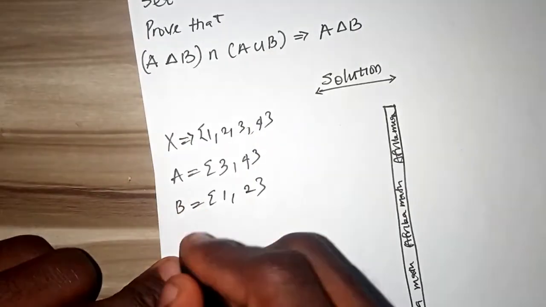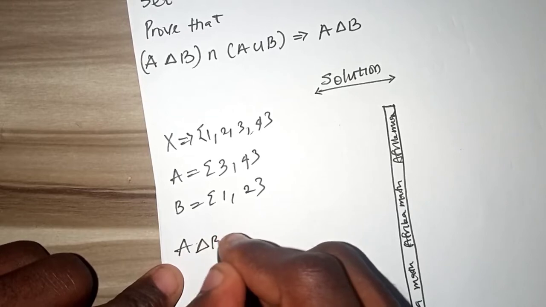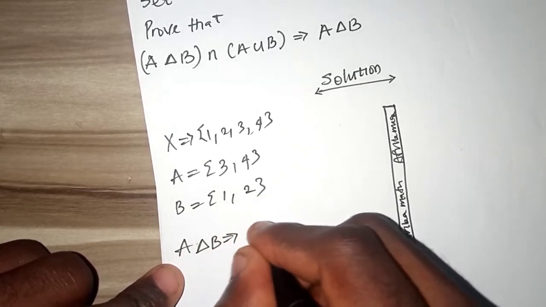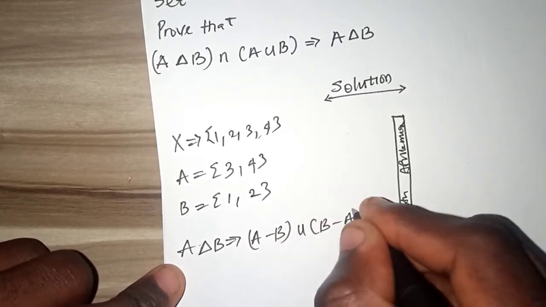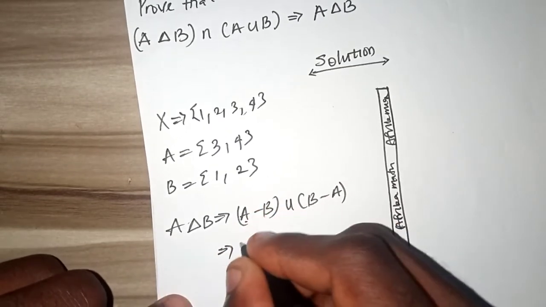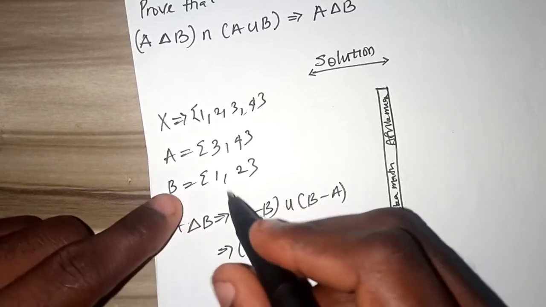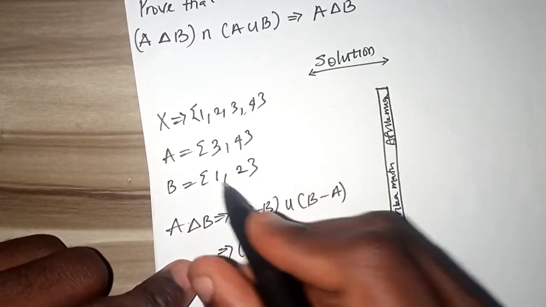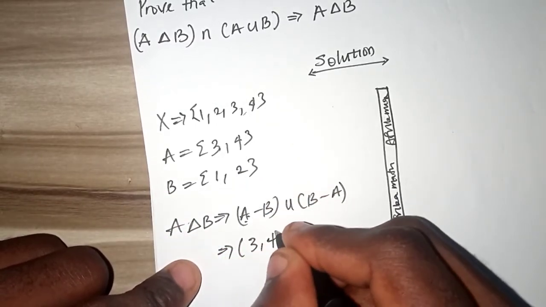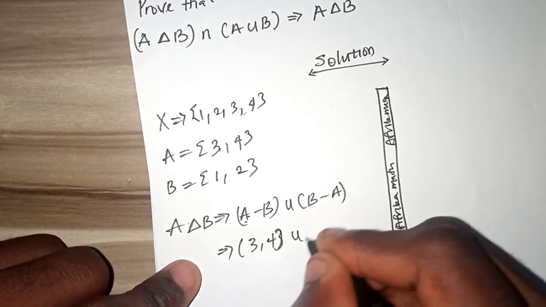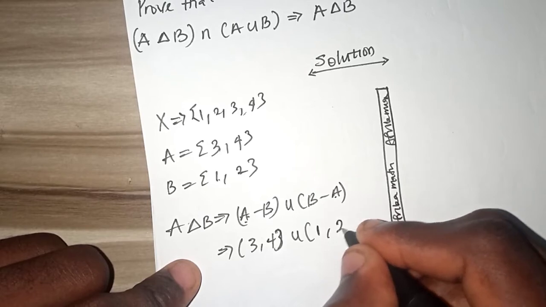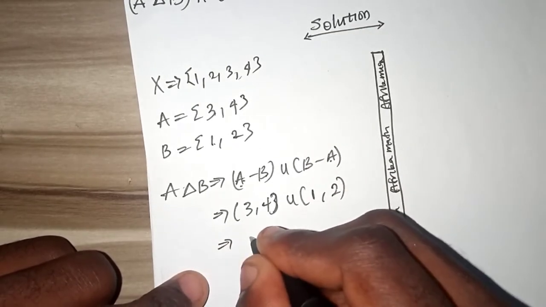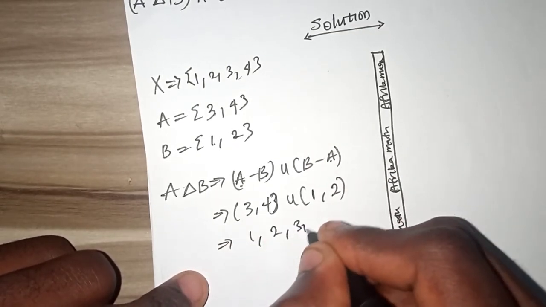Now A symmetric difference B is the same thing as saying A minus B union B minus A, right? What is A minus B? Elements present in this that are not here, that is 3, 4, union B minus A, that is 1, 2. When you union them together you have 1, 2, 3, 4.